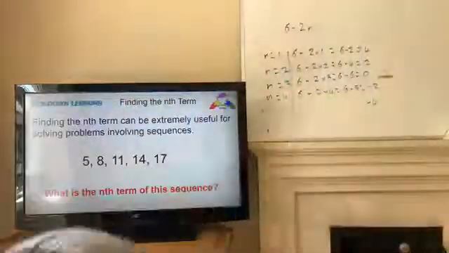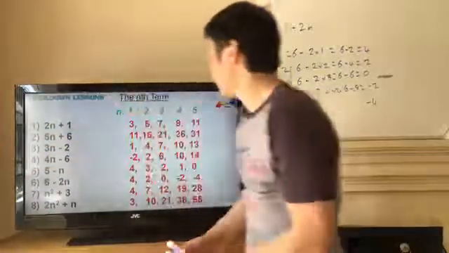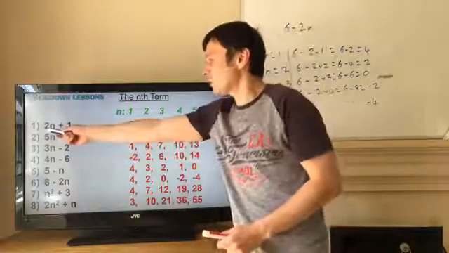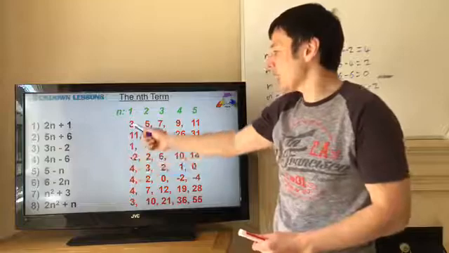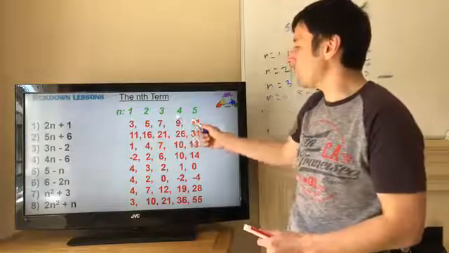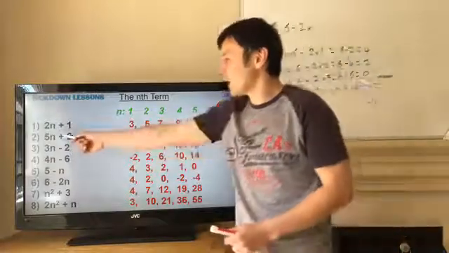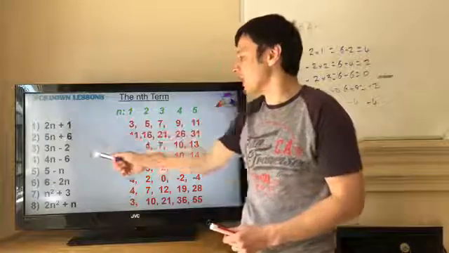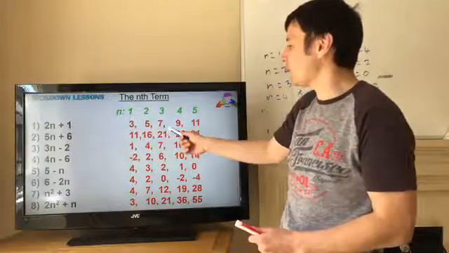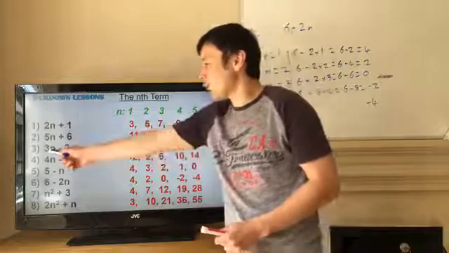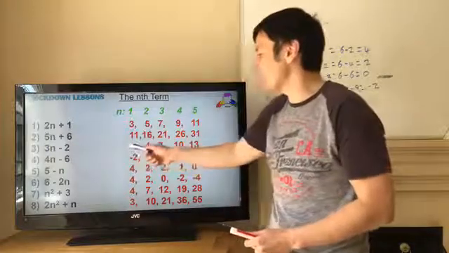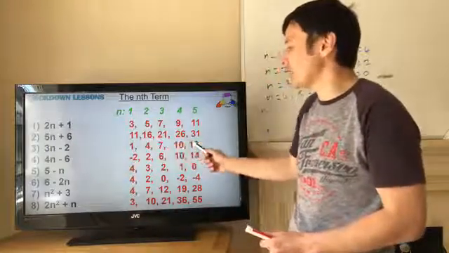Just before we do this, if we look back at these answers, this is a 2n plus 1 sequence and it goes up in 2s each time. This is a 5n plus 6 sequence, it goes up in 5s each time. This is a 3n minus 2 sequence, it goes up in 3s each time.